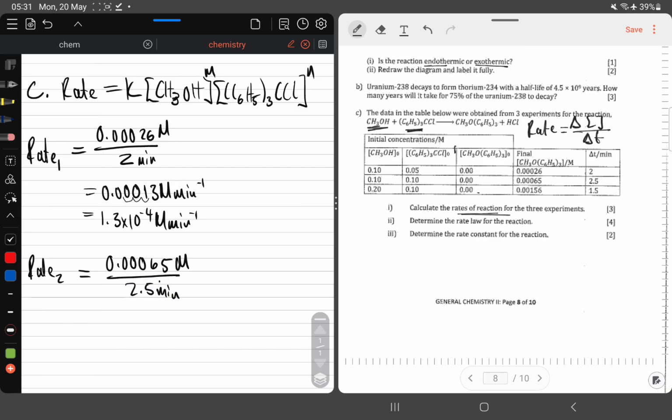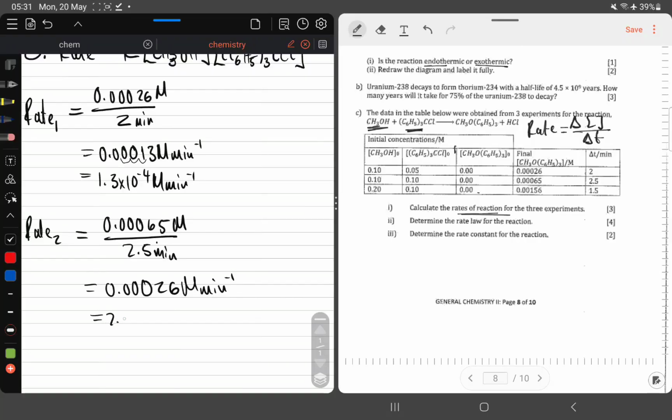That's the change in time, it's 2.5. 0.00065 divided by 2.5 becomes 0.00026 molar per minute, which is 2.6 times 10 to the negative 4 molar per minute.